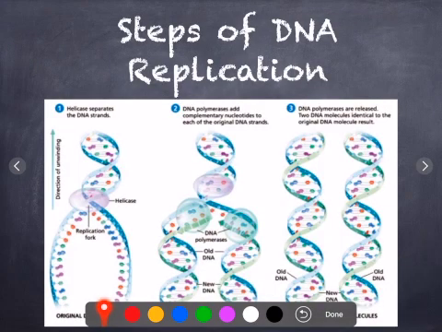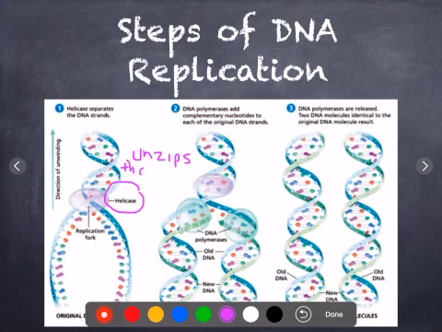So what we want to look at here is how DNA is replicated. Now, the first step in DNA replication is a molecule called helicase. Helicase unzips the DNA molecule.